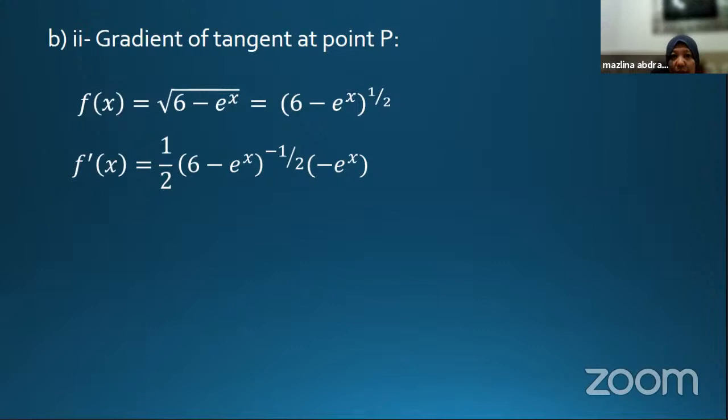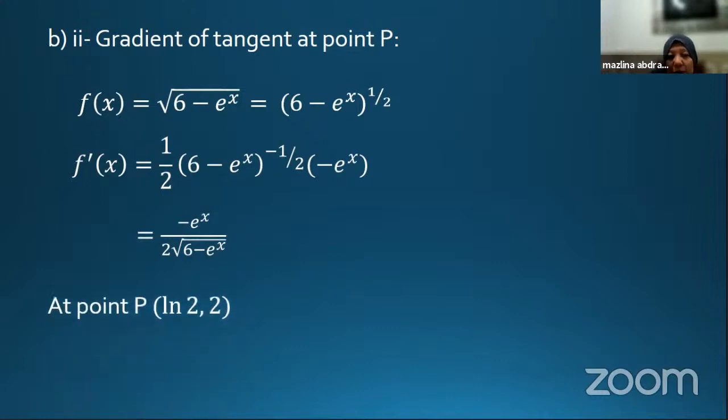And then you times negative e to the power of x. Kan kita kena differentiate the function again inside there. Kan? So from here, you simplify, you will get this negative e to the power of x over 2 times square root of 6 minus e to the power of x.